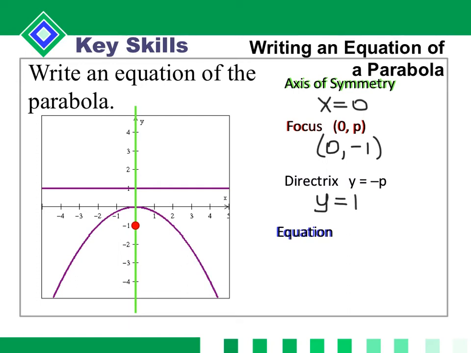Remember the p is -1, so that's how we get 1. So the parabola is opening down, so that means it's of the form x squared is equals to 4py, and I already see p is equals to -1 because it's opening down. So x squared is equals to -4y. So that will be the equation of this parabola.